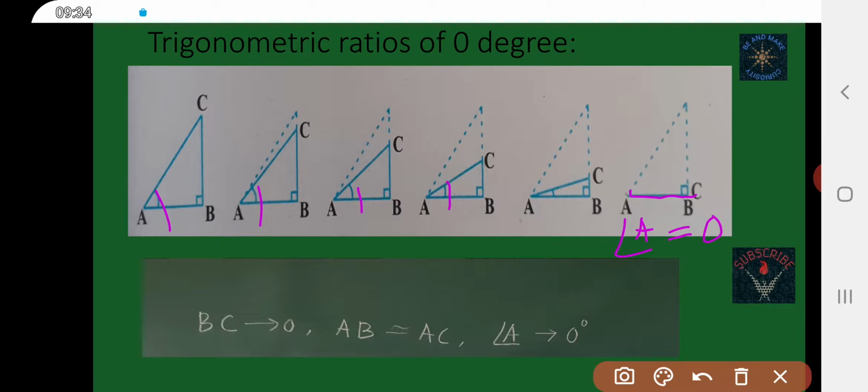As angle A gets smaller and smaller, the length of BC decreases and the point C gets closer to point B. The point C coincides with the point B.